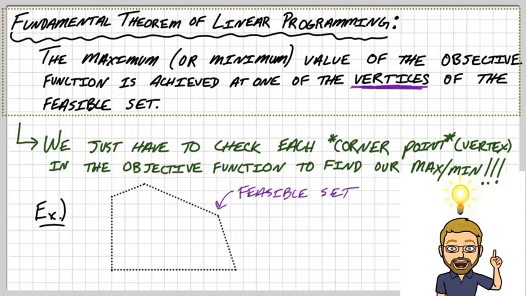All we have to do is check the corner points. At one of those points, you will find the maximum profit in your objective function. So in this case, that means 1, 2, 3, 4. We only have to check 5 points to figure out what the maximum profit for our scenario will be.